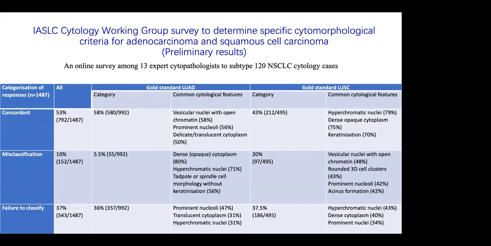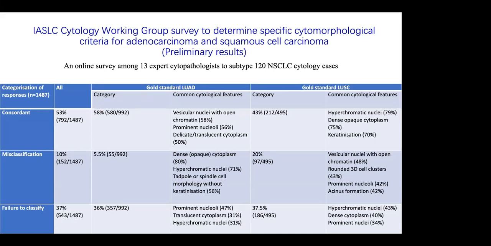A survey was made among 13 expert cytopathologists to subtype 120 cases of non-small cell lung cancer, just adenocarcinoma or squamous or non-small cell lung cancer. I am one of these cytopathologists that participated in this study. We circulated and were asked to say, okay, this is adeno or squamous.